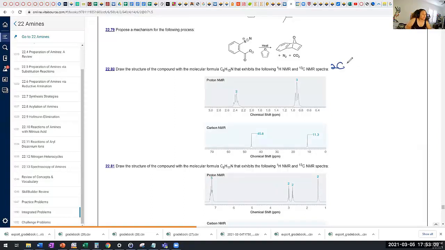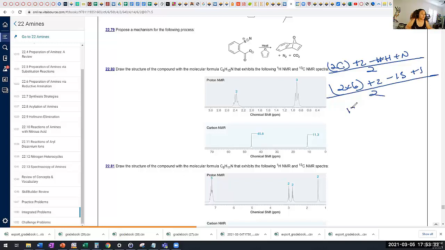So that's 2 times the number of carbons plus 2 minus the number of hydrogens plus the number of nitrogens, divided by 2. And so when we do that, it's 2 times 6 plus 2 minus 15 plus 1 over 2. So that's 12 plus 2 minus 15 plus 1. It's 14 minus 15 plus 1. And so that's 0. So there's no pi bonds and there's no rings.